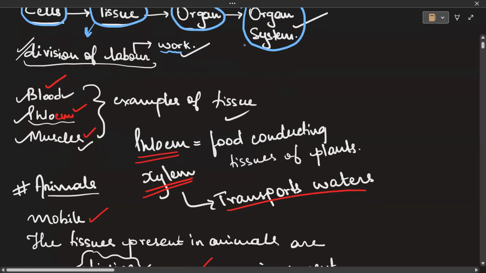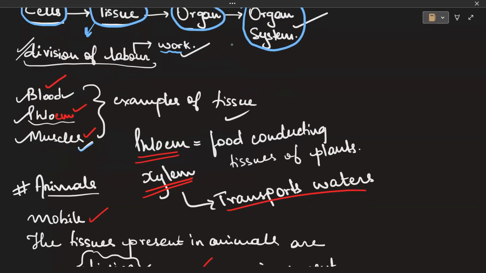Now let us see some examples of tissues. Blood is one very common example. Then there is phloem in the case of plants, and muscles in the case of humans and animals. These are some examples of tissues.